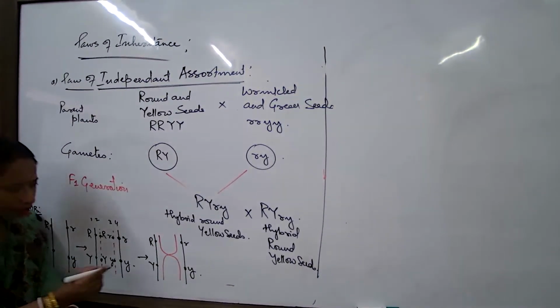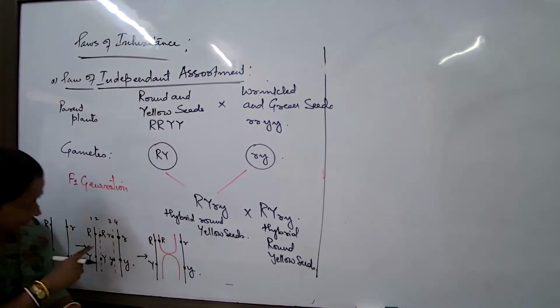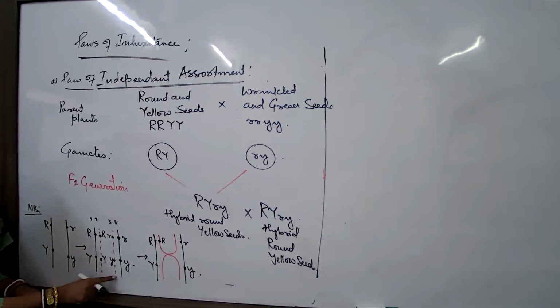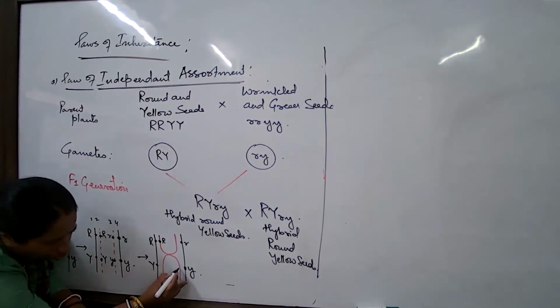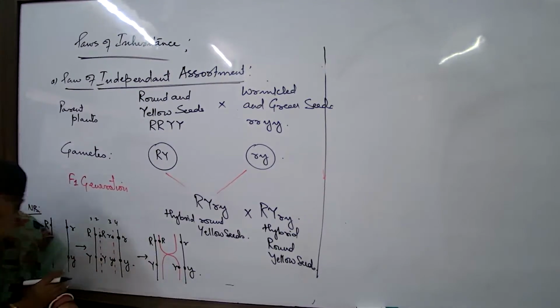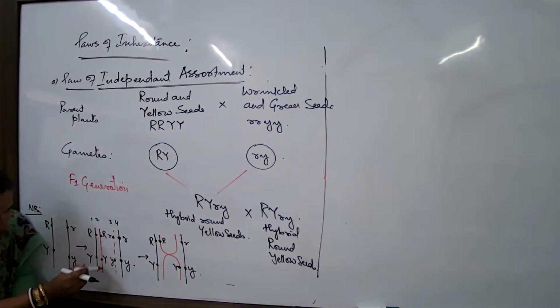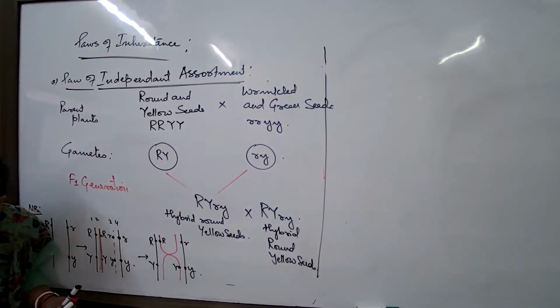Now tell me the alleles, if you are understanding. What is the allele here? Capital R. The chromosome became like this, so where is this allele now? This is the chromosome, no? So capital Y is here. This is the chromosome, and this chromosome is now overlapping.